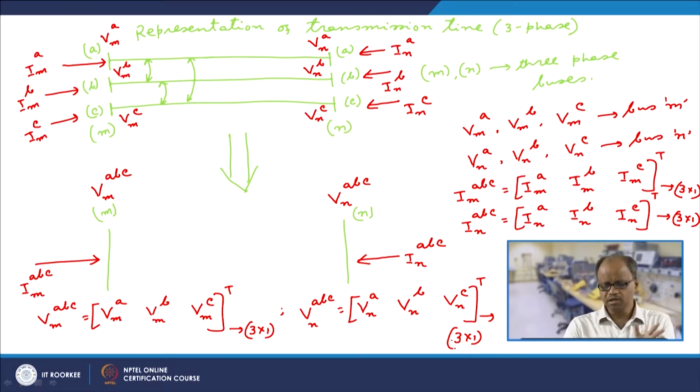So far these are nothing but the representation of the injected currents and the voltages at the buses, but what about the representation of the lines? For the representation of the lines, we simply write like this.